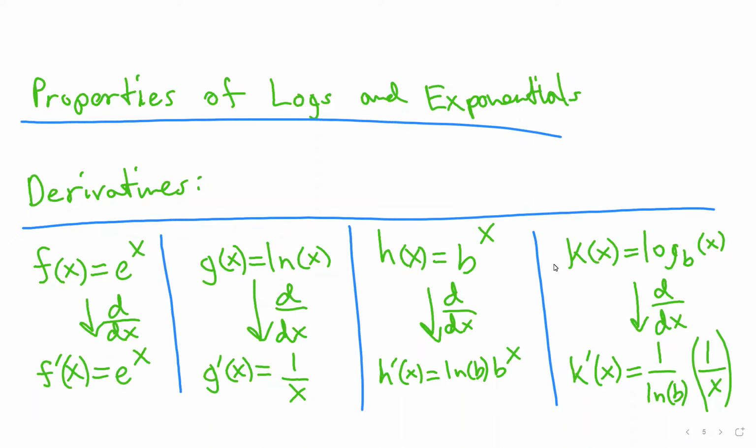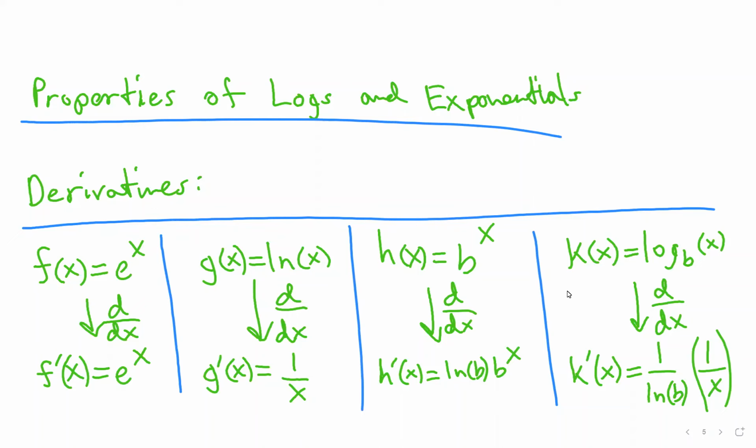If we're interested in a general log function, so log base b of x, we can set it equal to this k of x function here. If we take the derivative, we're going to end up with k prime of x, and that's going to equal 1 over ln of b times 1 over x. It's interesting because that ln of b comes back up again in this relation, and we have again this 1 over x that comes up similar to our g prime of x.